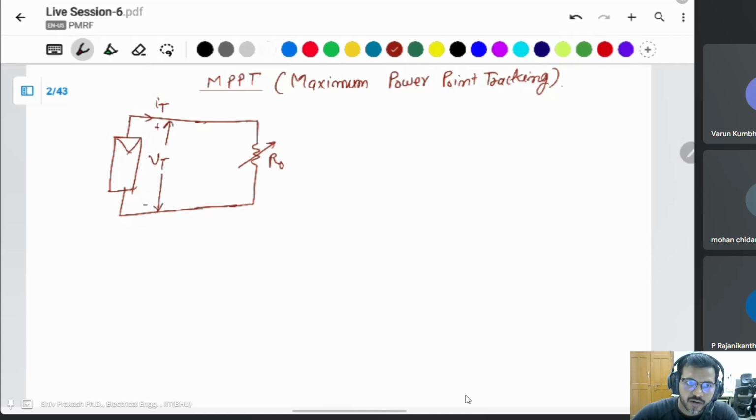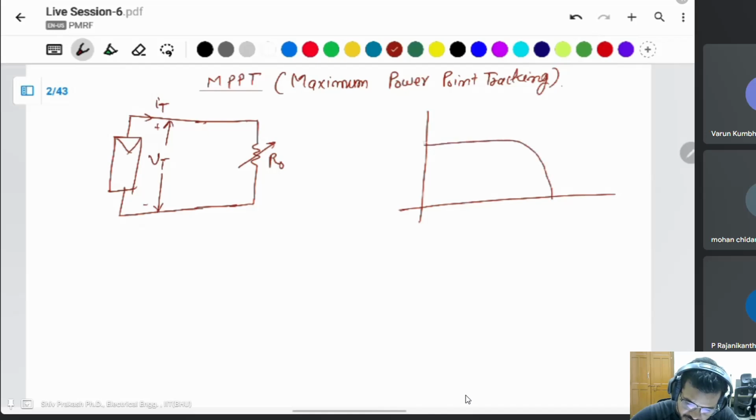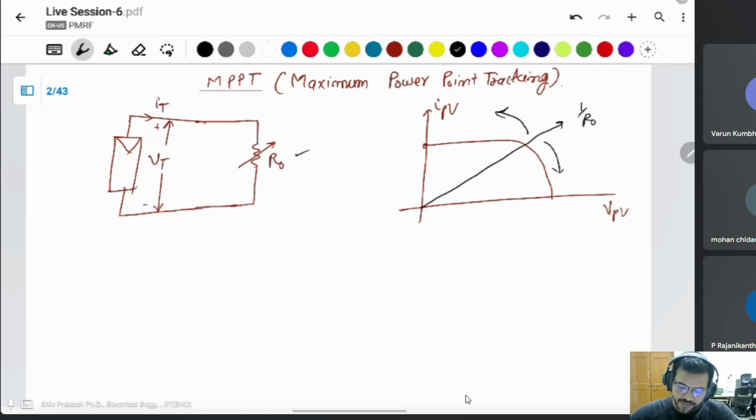It draws current according to its resistance and this voltage, and you know the characteristic of the I-V curve of the solar PV, this is the maximum current. Then this load is directly connected, and it will vary up and down depending on the R naught value.